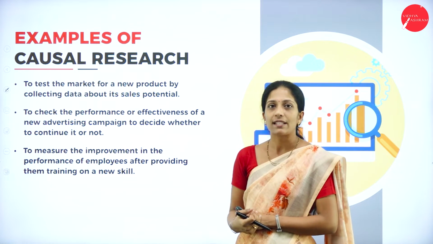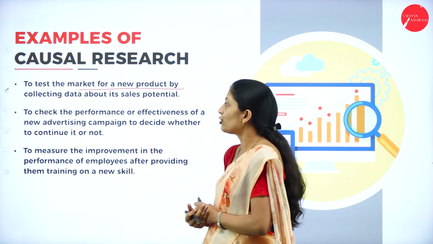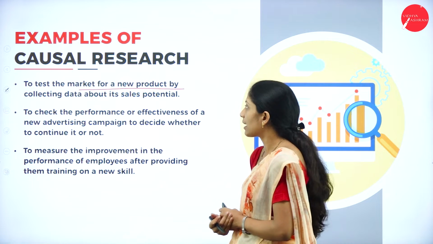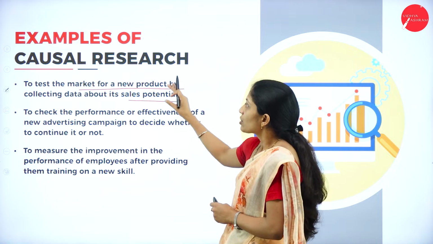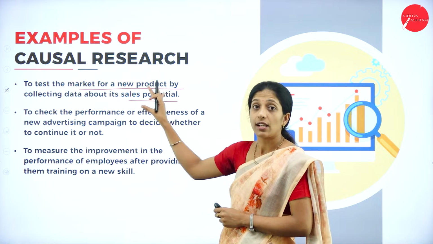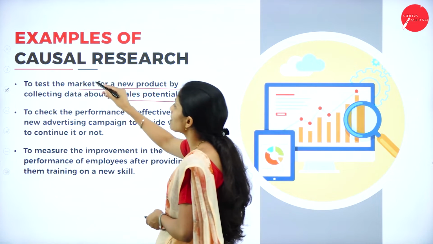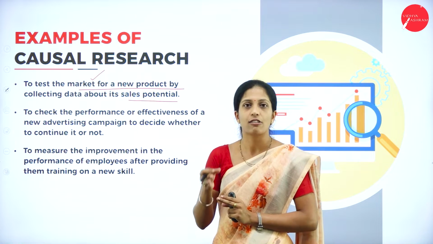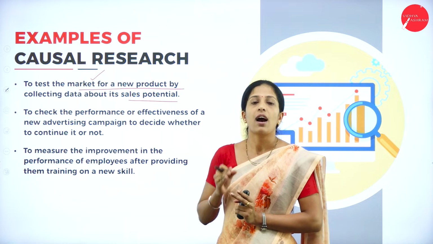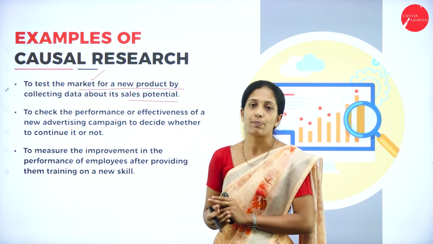Now coming to the examples of causal research: to test the market for a new product by collecting data about its sales potential. Under what situation will this causal research be applied? It will be applied to test the market for a new product. Suppose a new product is launched in the market, then how will be the behavior of the consumer and how will be the sales promotion?